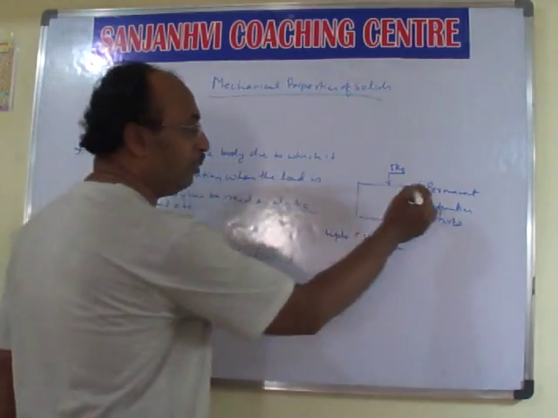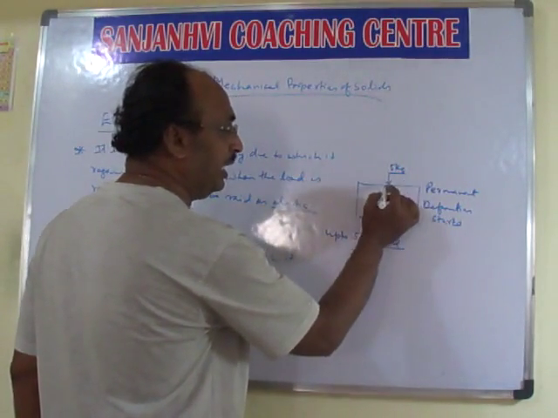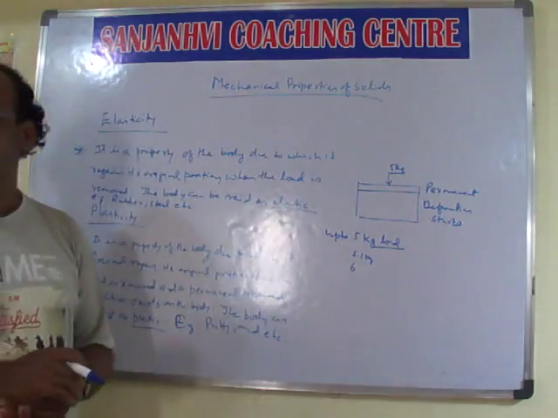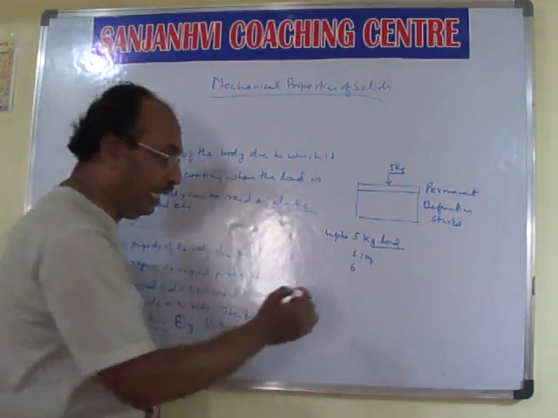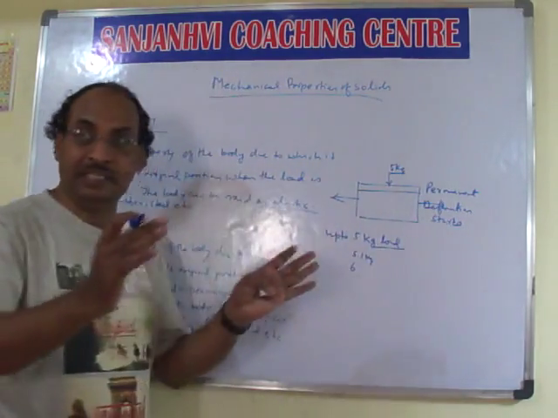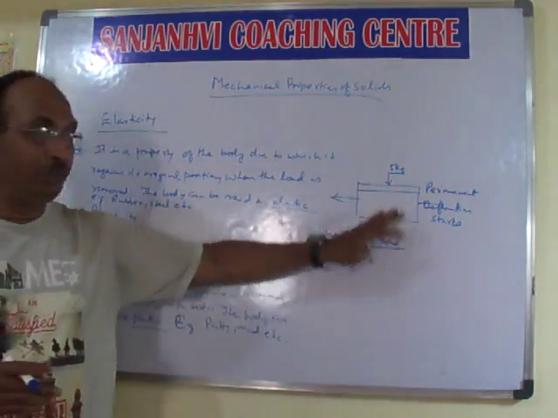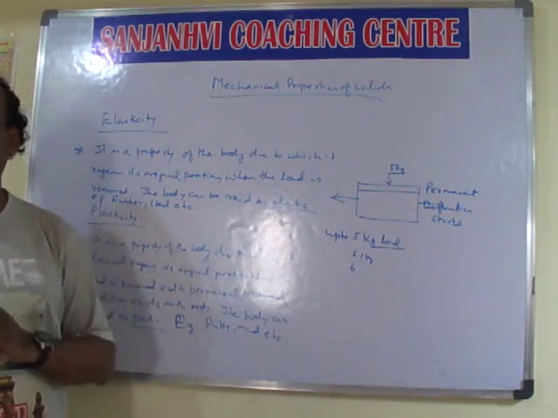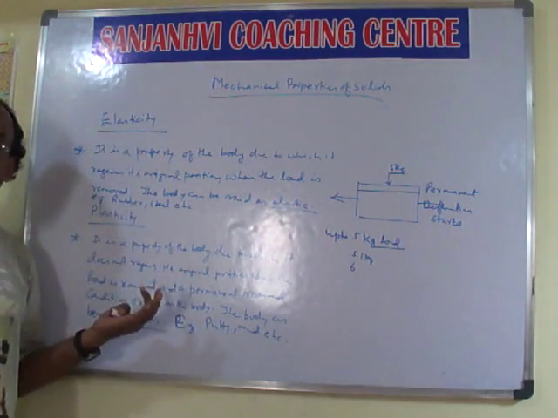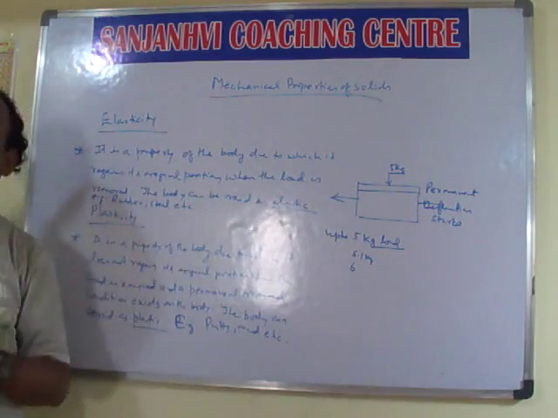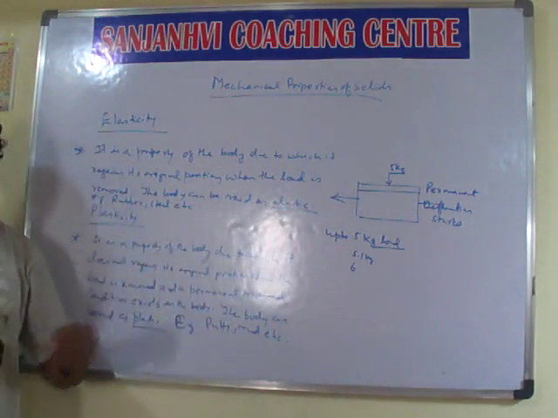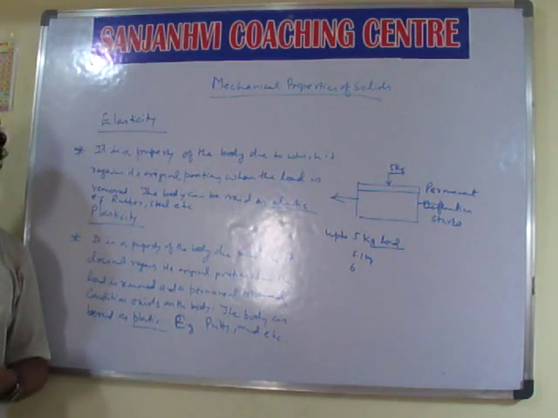It will change its area. Some load will be compressing it. Sometimes a change in length will be there. If this side is increasing, a change in length and a change in breadth will be there, and that will be permanent. After that, when the 6 kg load is removed, that deformation will be completely permanent.